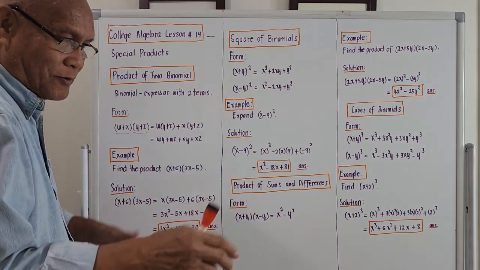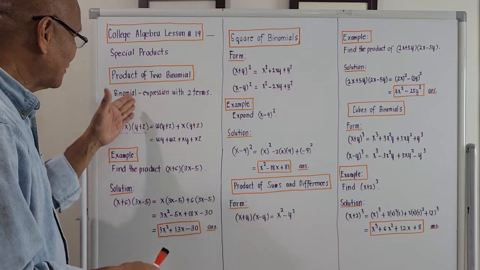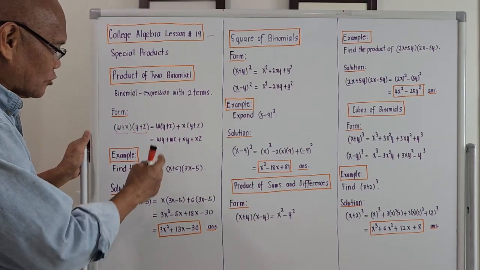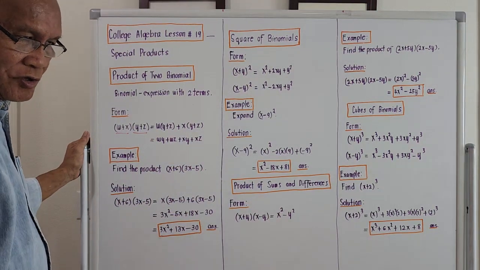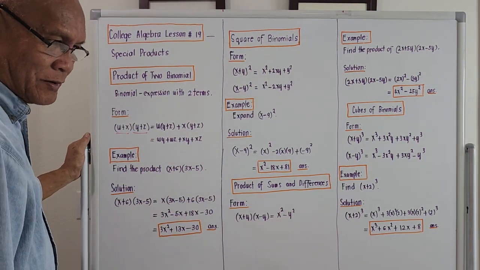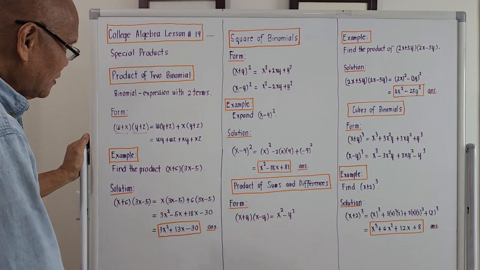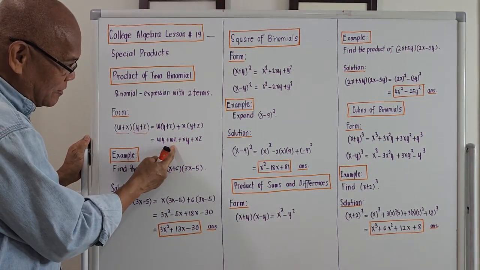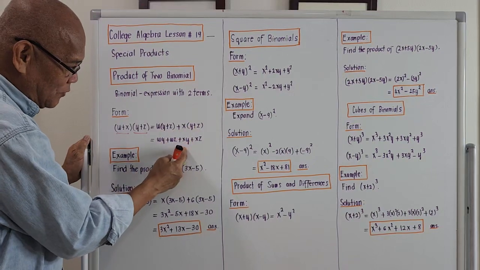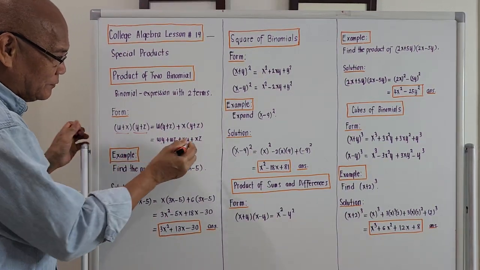Okay guys, don't be bored. This is just a very simple one for the product of two binomials. So if we try to expand this, we know how to distribute, right? Distributive law under the previous topics of college algebra. So this should be Wy, Wz, plus the product xy, plus the product xz, and that's it.